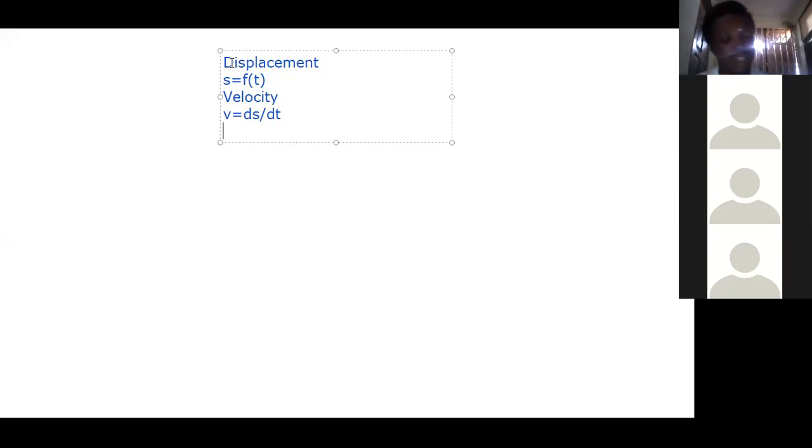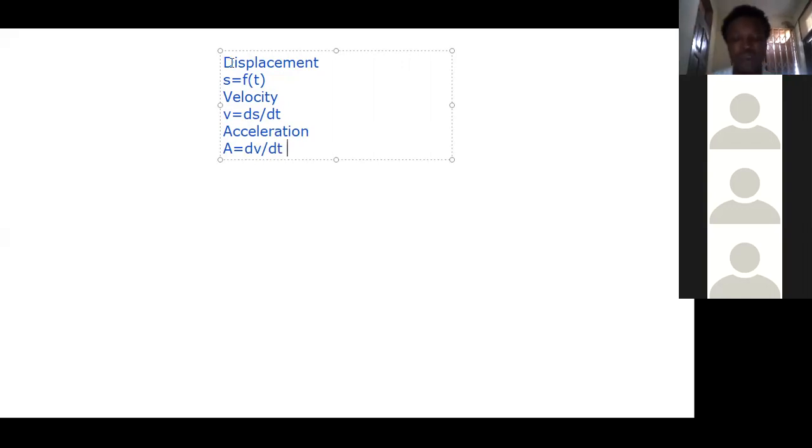Then we can talk about acceleration. Acceleration is the changing of velocity with respect to time. Now acceleration can also be the double differential of displacement. Do we agree?